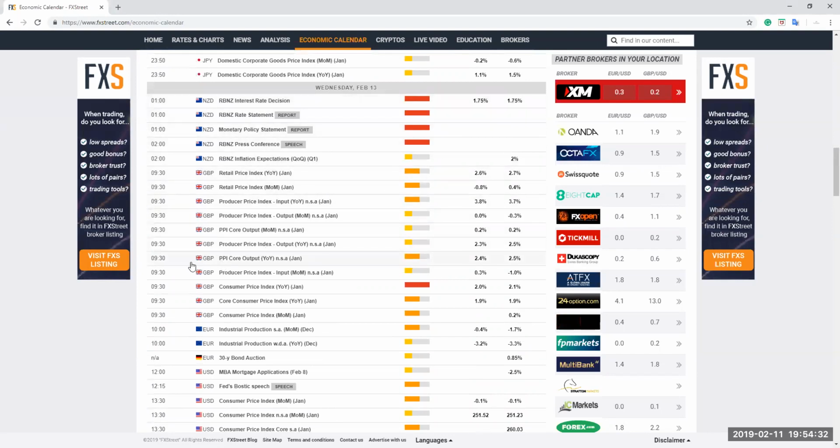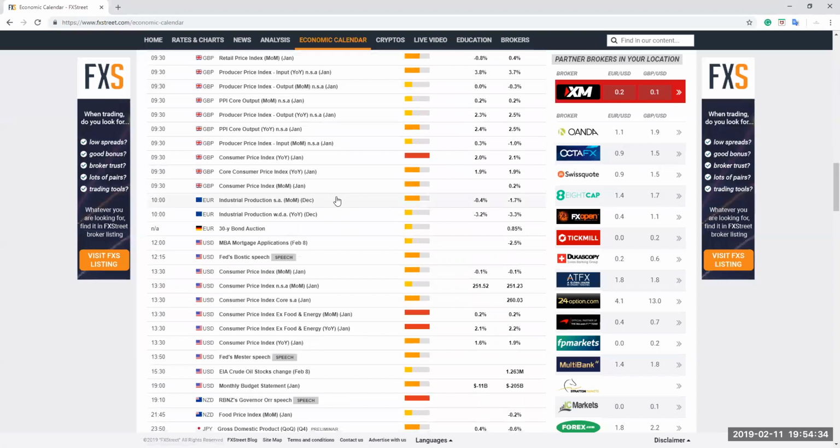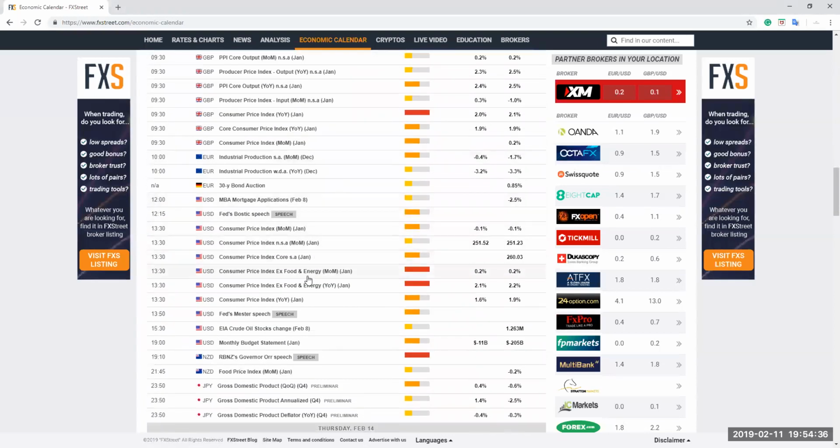We also have USD CPI. We have a lot of data. CPI doesn't always move the market a lot unless we have big changes. So we have to see what data comes out, and it's not really good to trade when we have a lot of data, because these data can cancel each other out and then the market doesn't move, or the market spikes.